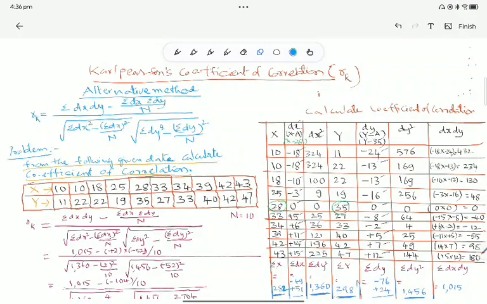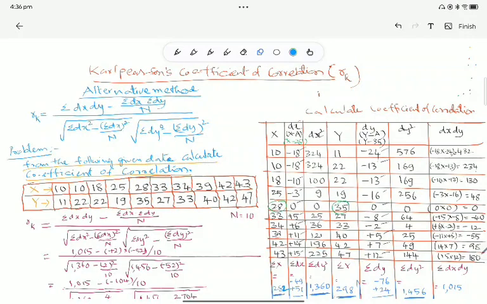It is minus 18, minus 18, minus 10, minus 3, 0, plus 5, plus 6, plus 11, plus 14, plus 15. Again use the calculator and take the values as they are. Then take the sum of all the deviations.